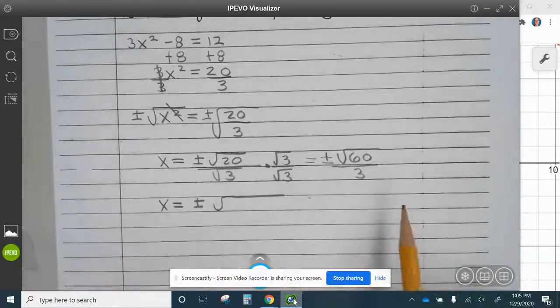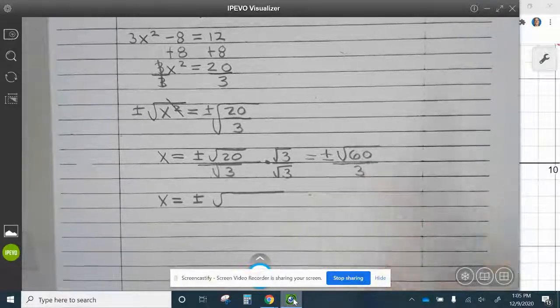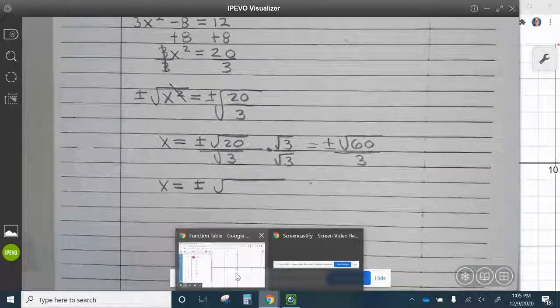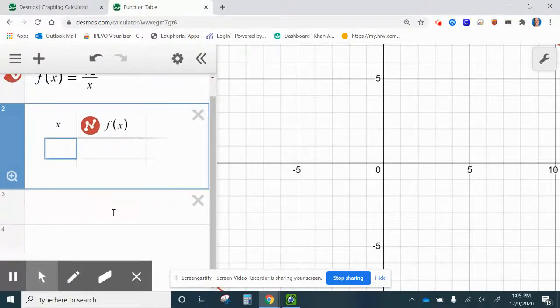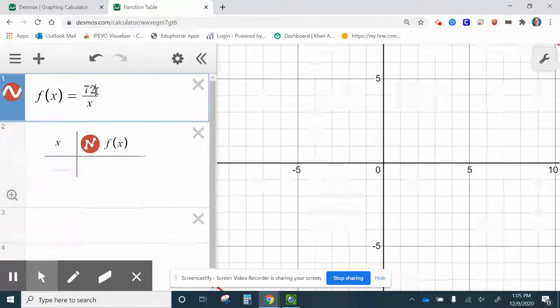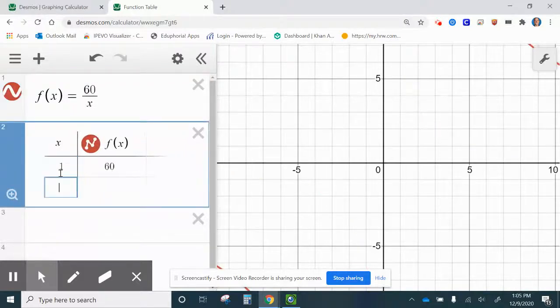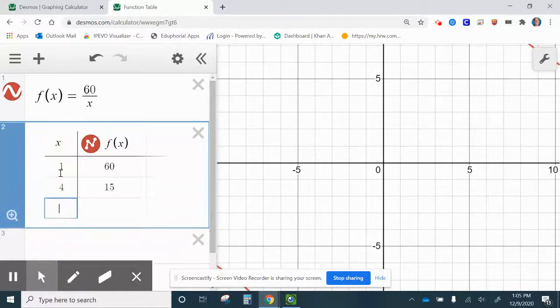We need to see if we can find a perfect square that goes into 60. So come back to the function table, and we're going to take 60 divided by x. So we're dividing by perfect squares. 1 works, but we want to reduce as low as possible. So 4 works.